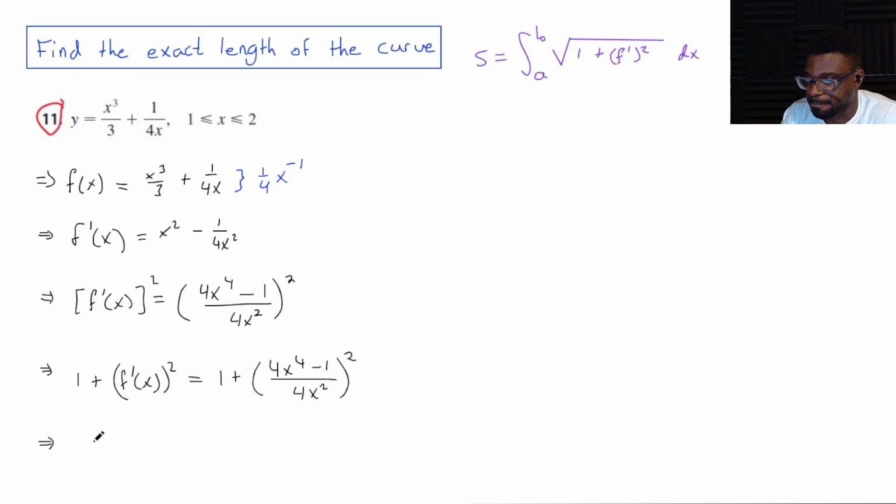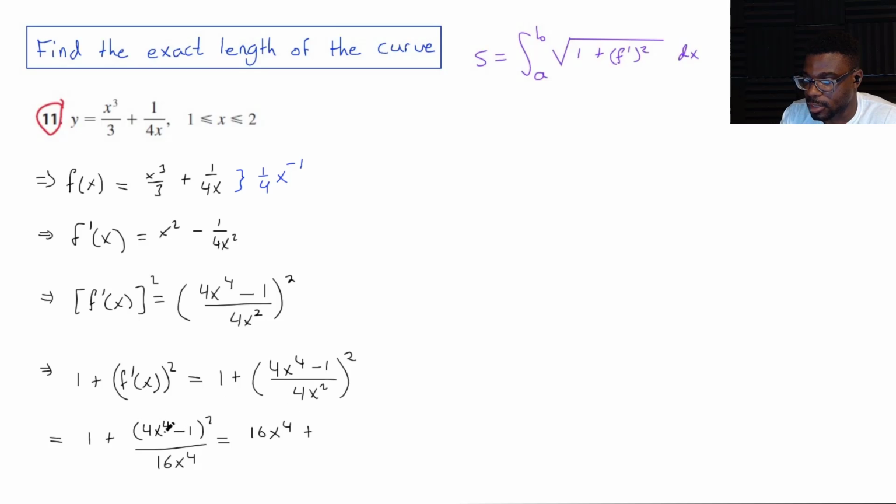So we're going to get 1 plus 4x to the power 4 minus 1 all squared divided by 16 times x to the power 4.